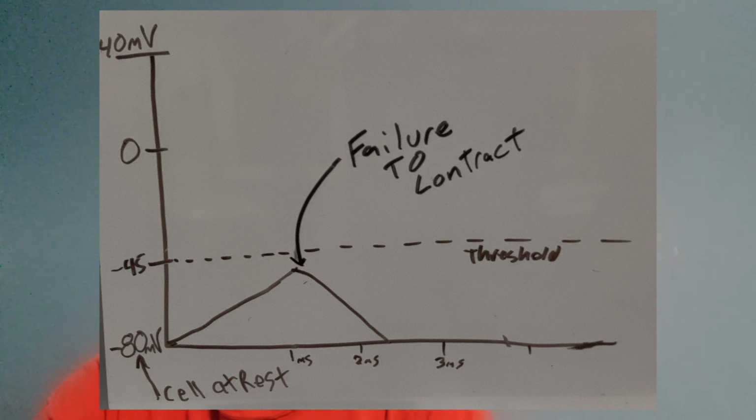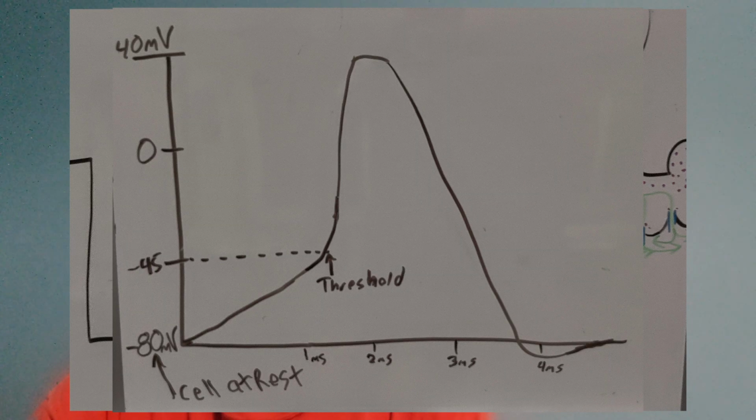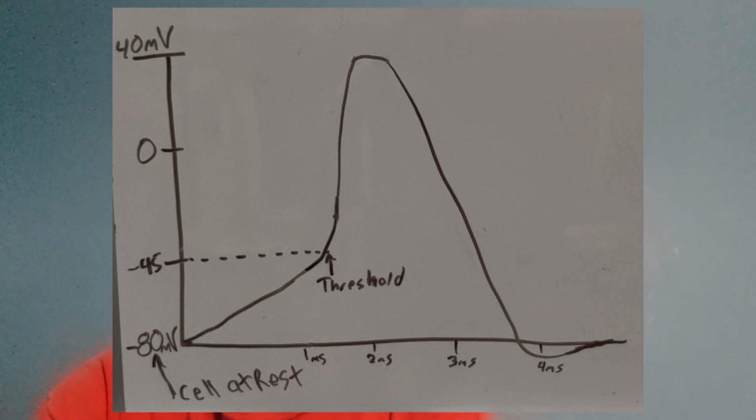However, if you have enough of them opening where your graded potential pushes enough sodium into the cell, where you create an increase in your membrane potential from the negative 80 to the negative 45, you are going to cause a threshold to occur. Once it reaches that threshold, you're going to have voltage gated sodium channels opening up.